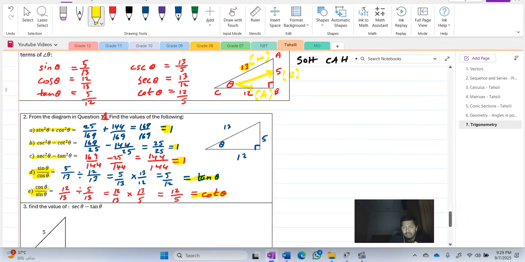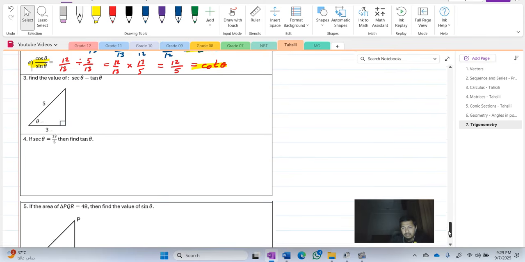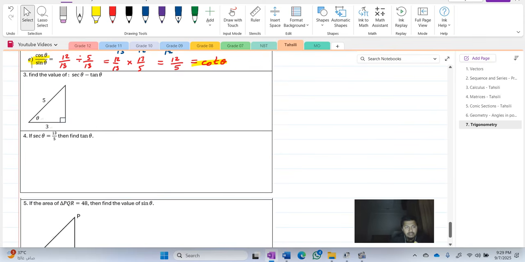Now moving on to the next question, what we have here is, okay, so we got 3, 5, so obviously the opposite is 4. It's a 3, 4, 5 triangle because of Pythagorean triple. So what is sec theta? If I write down soh cah toa, remember that is cosec, CSC.